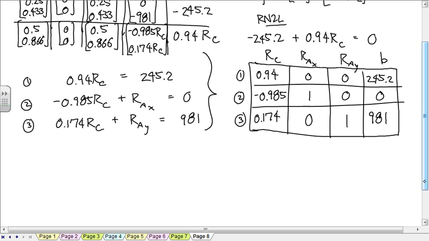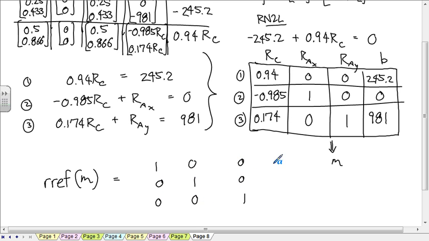If you enter that matrix into your calculator, name this M in your calculator, and then use the function RREF of M, it'll give you the matrix like this, and then your answers in the order RC, RAX, RAY in the last column.